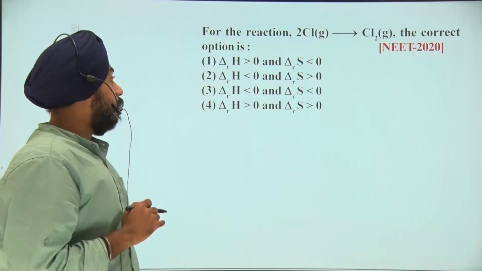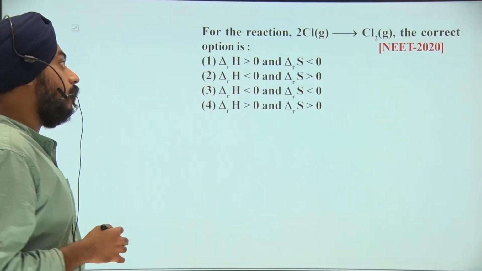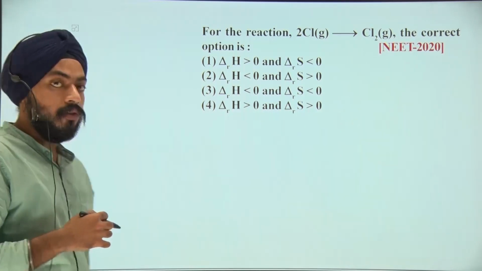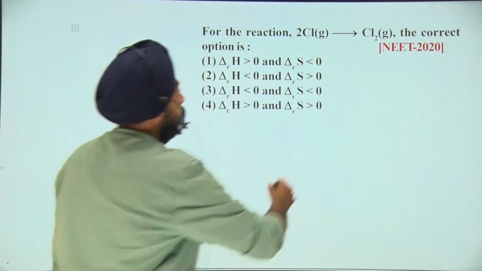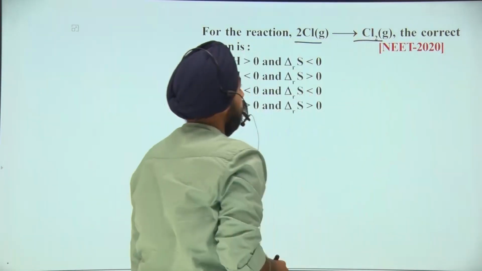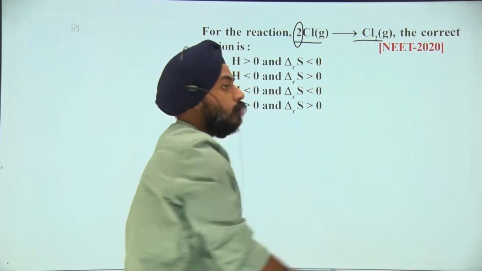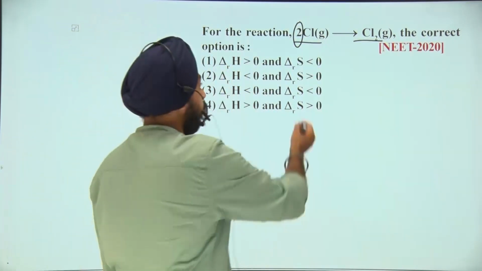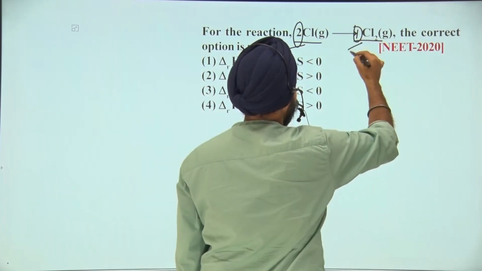A question: for the reaction 2Cl(g) gives Cl2(g), what is the correct option? Students, this question is from the thermodynamics chapter, class 11. In this reaction, the moles of reactant is 2 and the moles of product is 1.